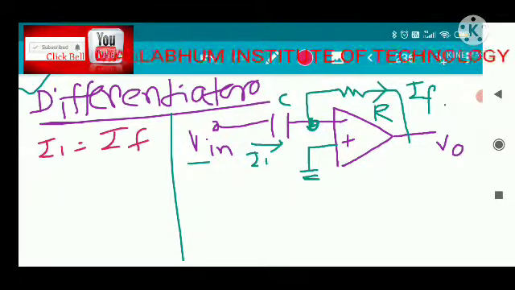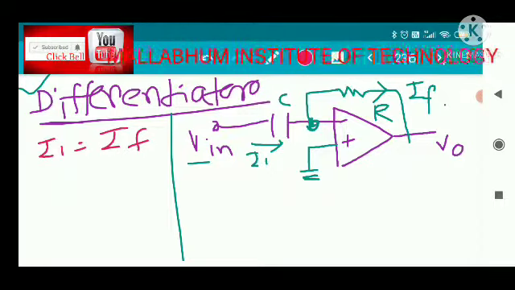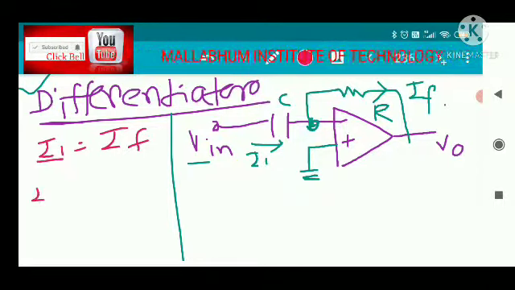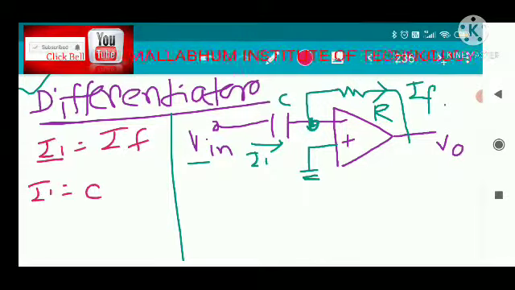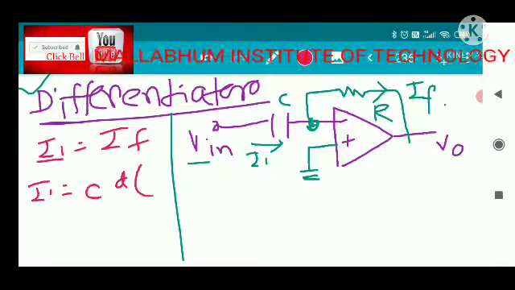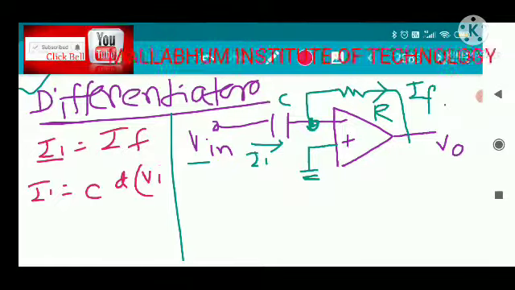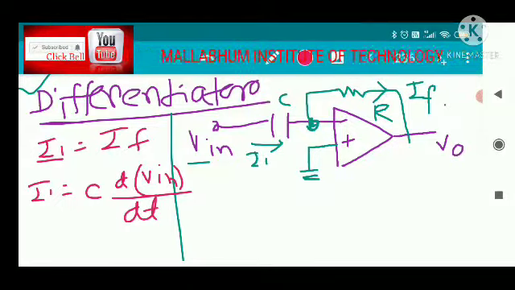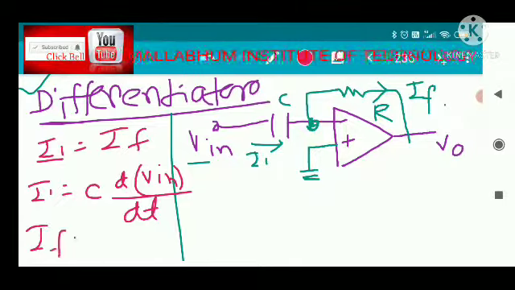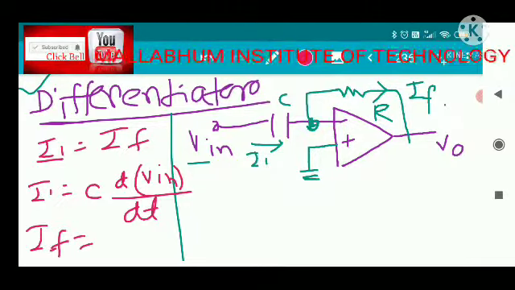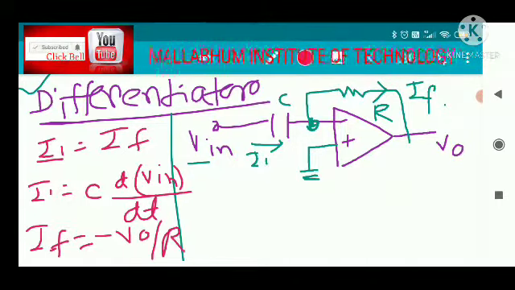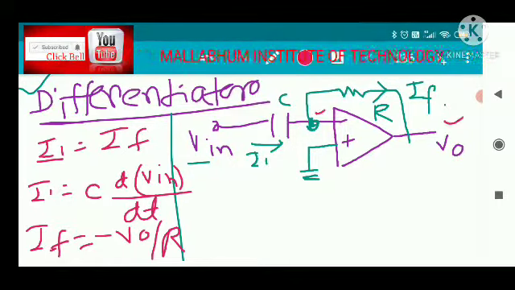Your I1 is nothing but C dV/dt, so I1 is C d(Vin minus 0)/dt, that is C dVin/dt, and IF is equal to (0 minus V0) divided by R, that is minus V0 divided by R.